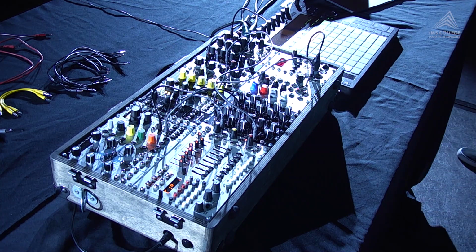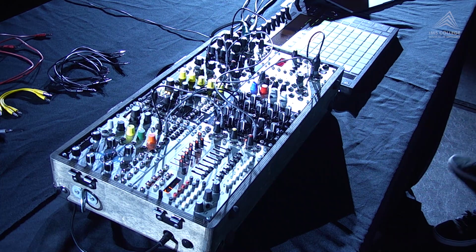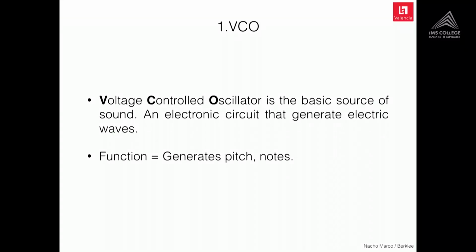What is a VCO? A VCO is a voltage controlled oscillator, and it's the basic source of sound. It's an electronic circuit that generates electric waves. Think about the way the loudspeaker right now is moving the particles in the air. We are going to be able to generate this moving of particles electrically by moving electrons.